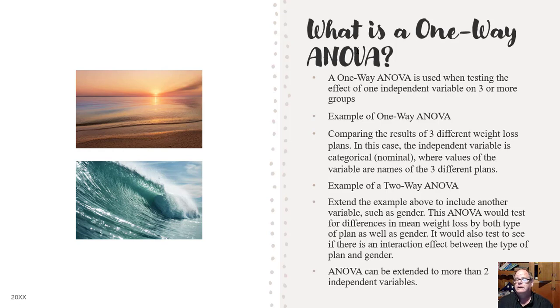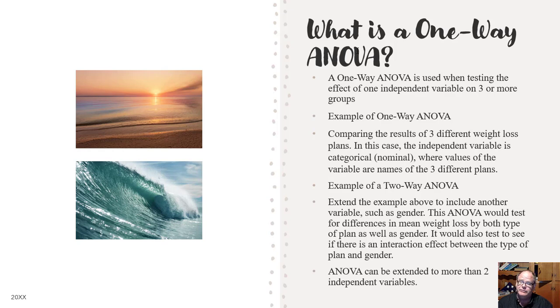All we're going to do in the one-way is test the difference in the mean weight loss for each of the three plans. Now, for a two-way, we're going to extend this exact same study to another variable, such as gender. This ANOVA would test for differences in mean weight loss by both type of plan as well as gender.